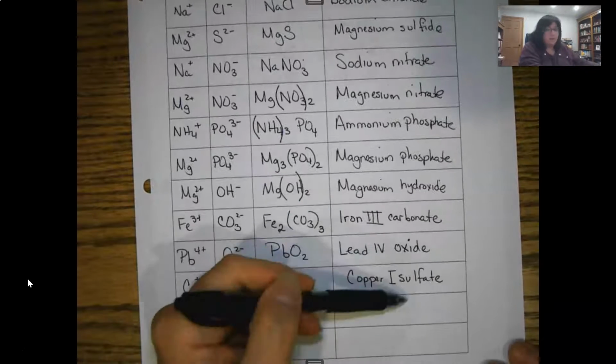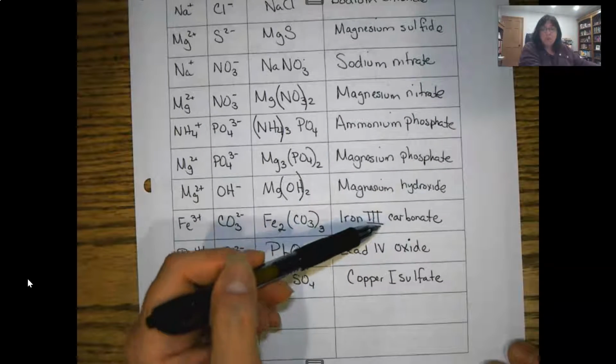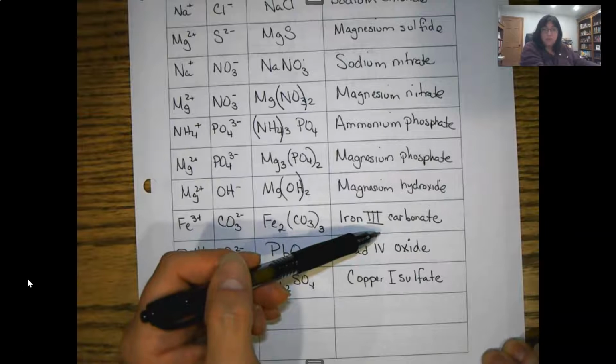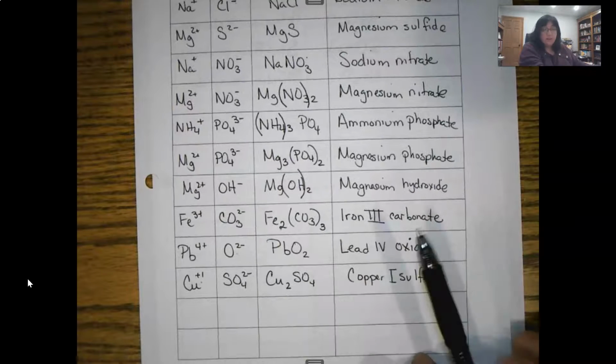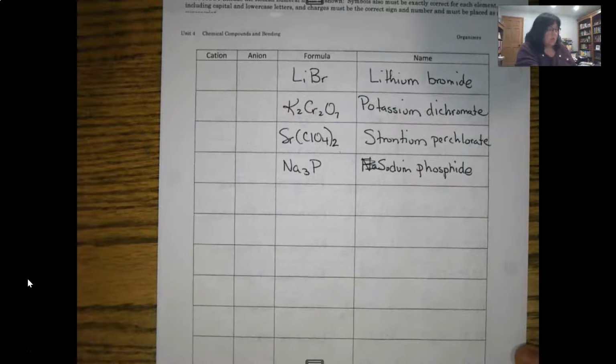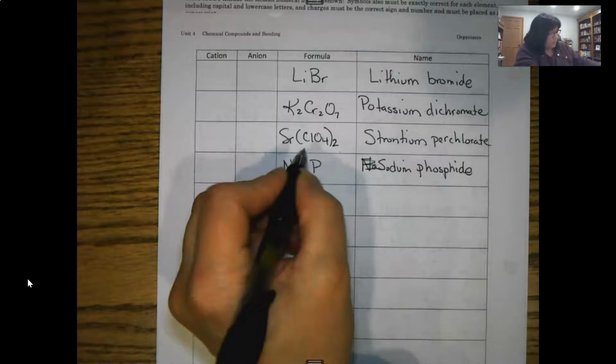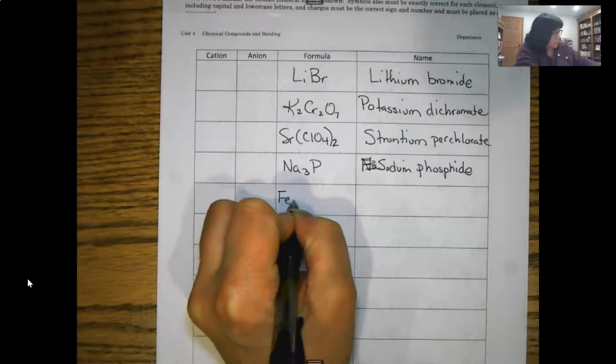We did a bunch of examples with Roman numerals. The Roman numerals told you the charge. Well, now we got to do it backwards. We've got to use the formula to figure out what the charge is. So this is, again, where you might want to jot some notes down on that piece of notebook paper that you've got.